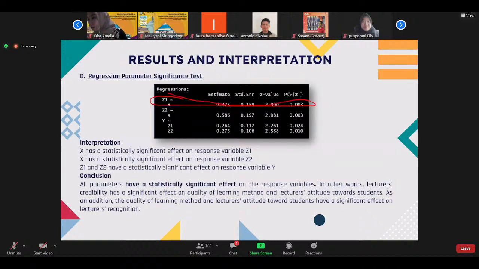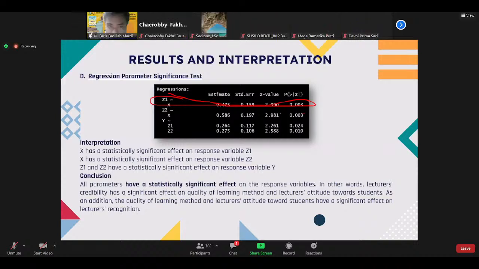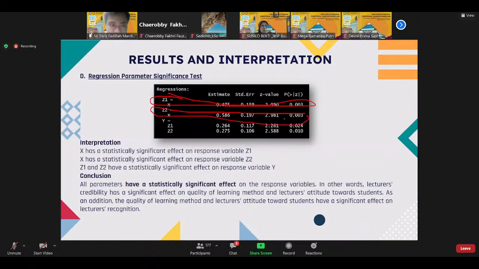And X has a statistically significant effect on response variable Z2. And the last, Z1 and Z2 have a statistically significant effect on response variable Y. So the conclusion: all of the parameters have a statistically significant effect on the response variable.